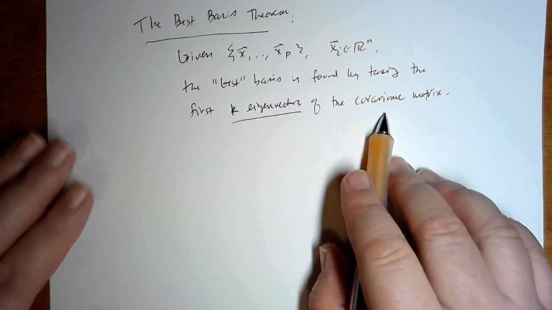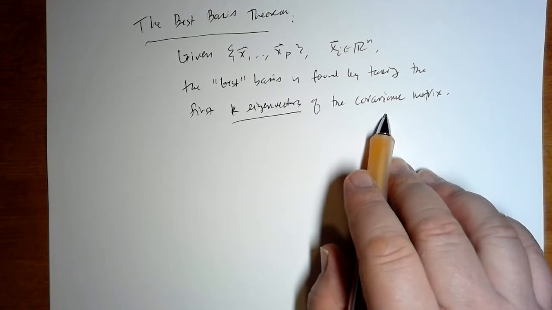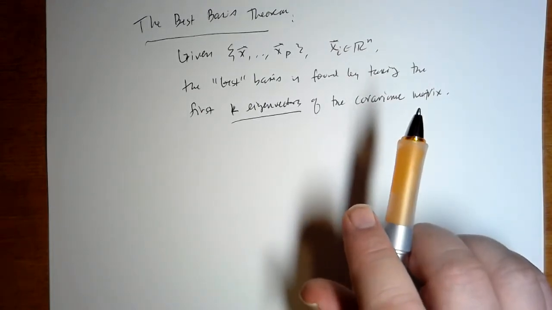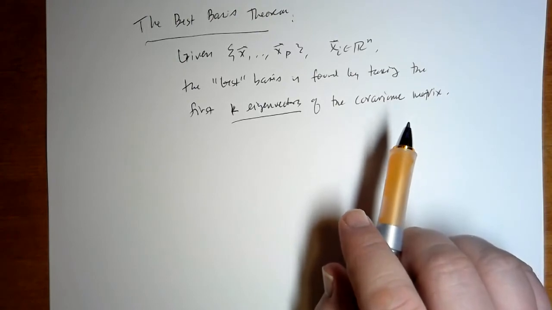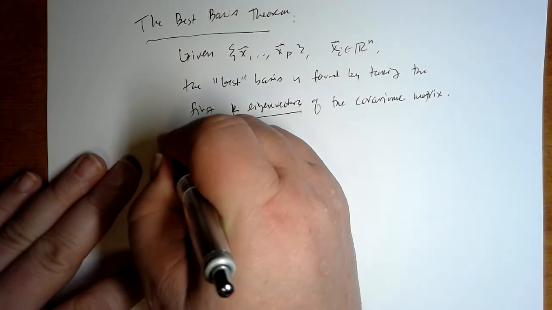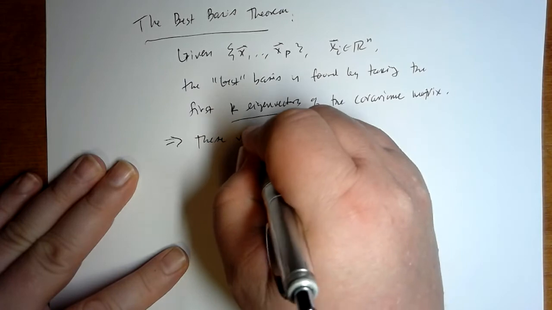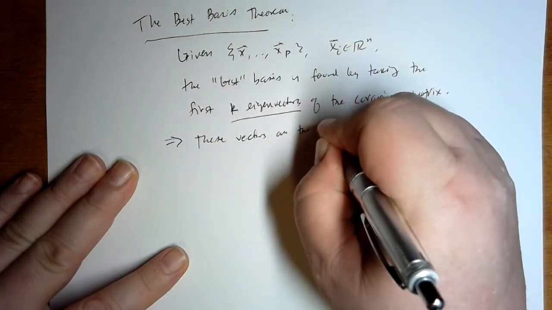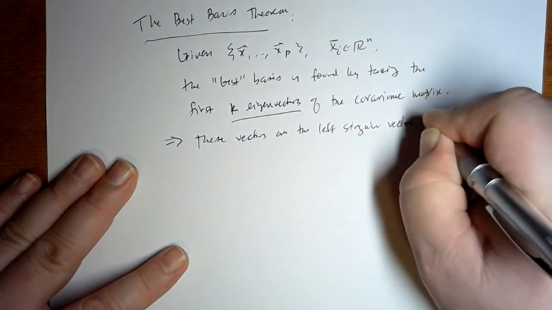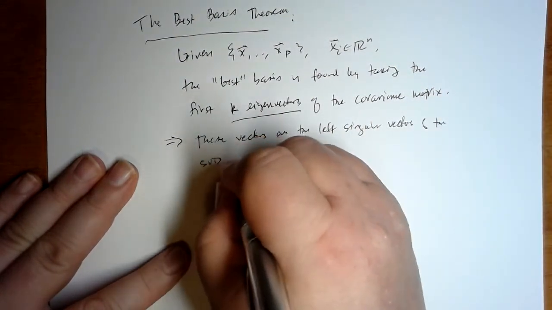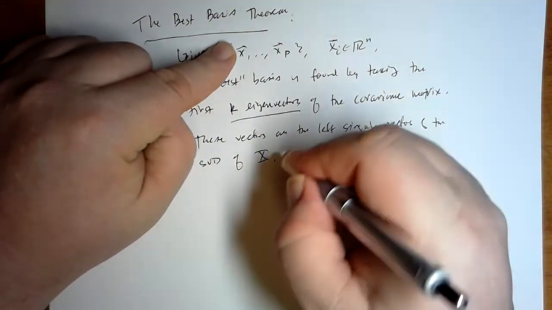What did we say about the first k vectors of the covariance matrix? Do you remember how you get those from the matrix X? Maybe it's just faster to tell you. You can show these vectors are the left singular vectors of the SVD of X, formed by these being the columns.